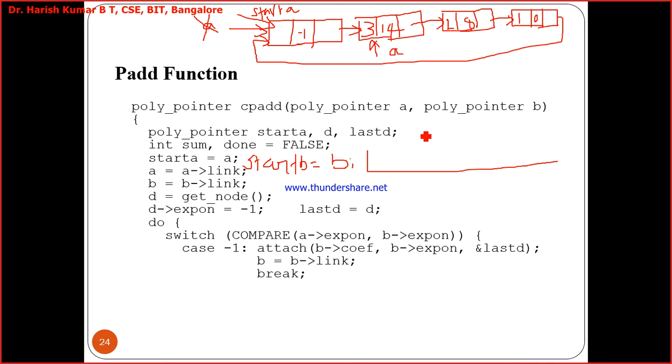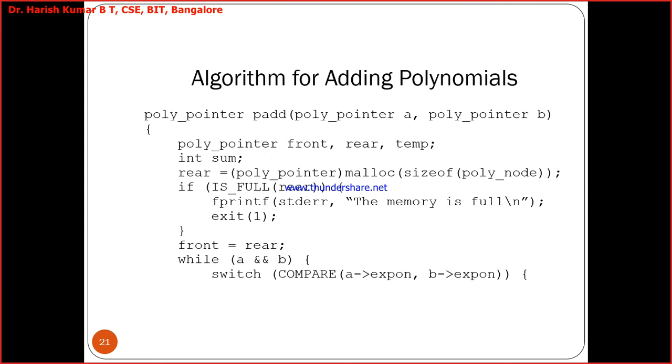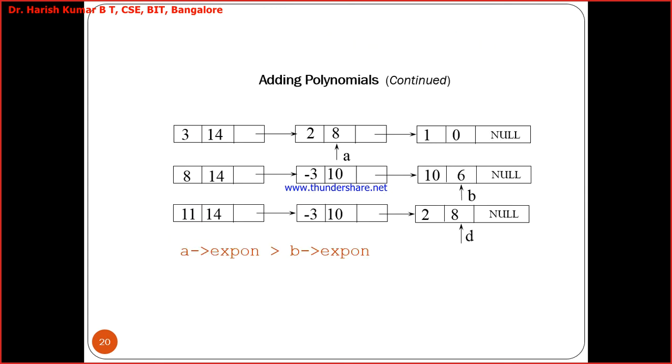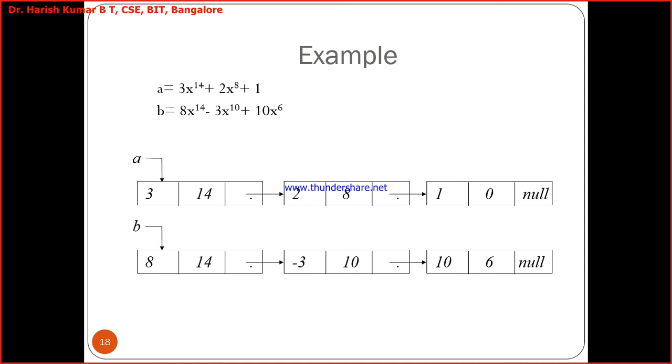This is my other polynomial B, and here also it is -1, and we have B already pointing to this. Let me take this example itself, the B polynomial, 8, 14. I'm taking this polynomial B, 14.